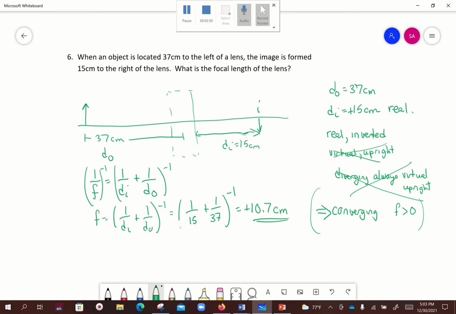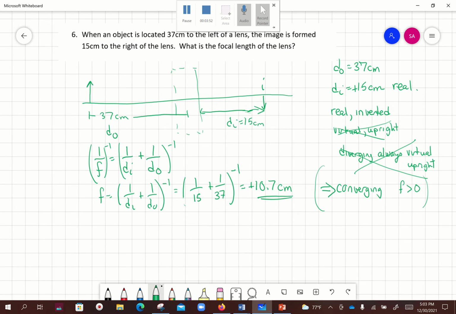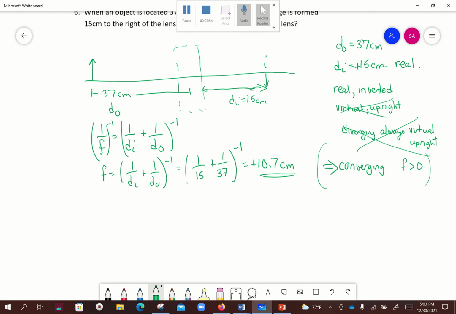Okay, so again, if I had drawn a picture, what would I draw? So now I know it's a converging lens. Let me just quickly draw a sketch. So a converging lens is fatter in the middle than it is at the edges, so it looks like that. My focal length is 10.7 centimeters. So let me draw it roughly to scale. So there's my focal length.